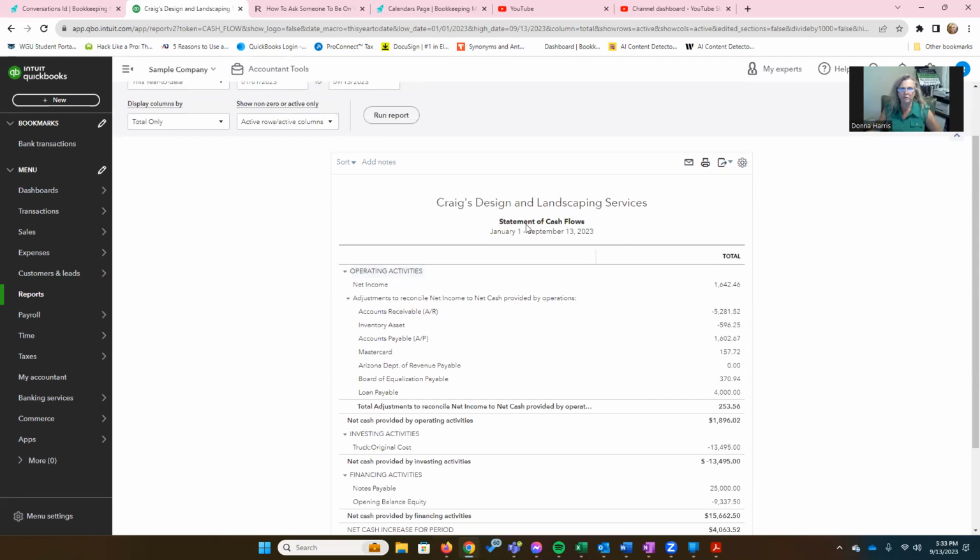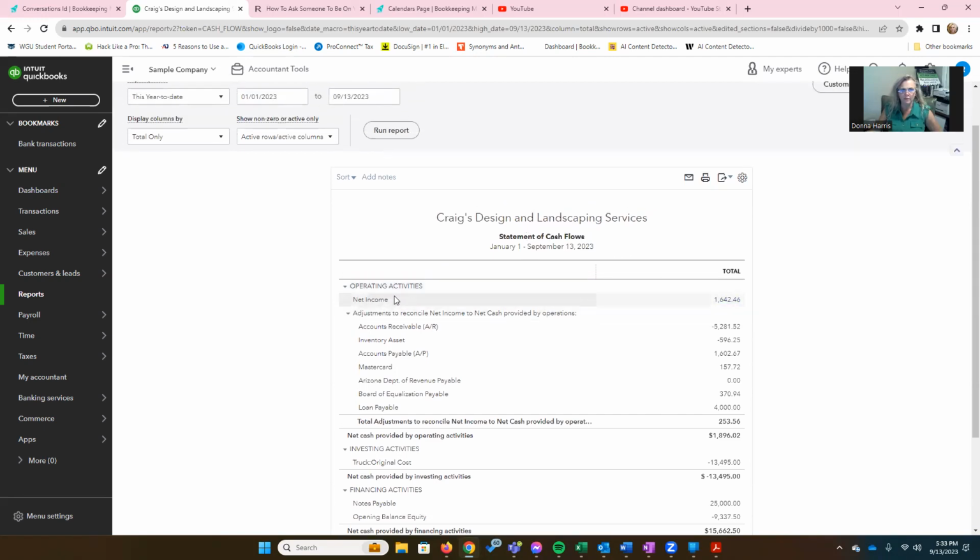So if you remember, this number, net income from operating activities, should have flowed over from the profit and loss and the balance sheet, and now it comes over to the statement of cash flows. It is the same number, 1642.46. Now we have a negative number for accounts receivable. And you may look at that and say that makes no sense.